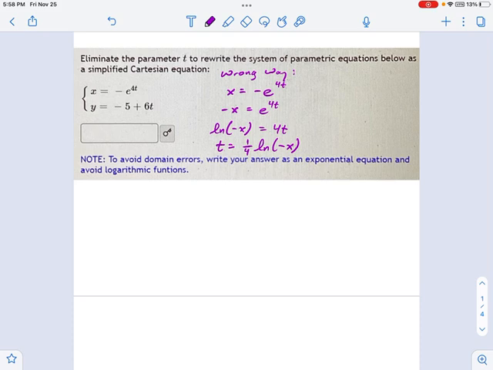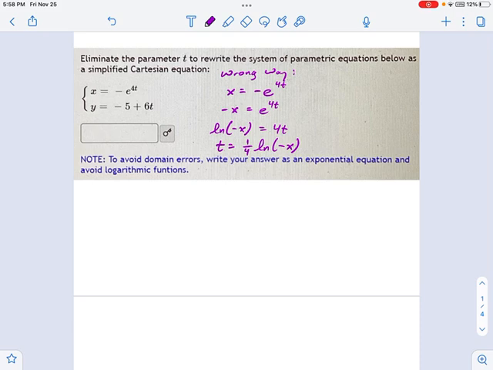And some people get a little worried about this point because they say, oh, I'm not supposed to have a negative sign inside the logarithm. And there it is, right? Big old mean negative right there. Well, it's actually not a problem to have a negative x in the logarithm because x itself could be negative, right? If this were negative 2, that would be natural log of 2, and that would be fine.